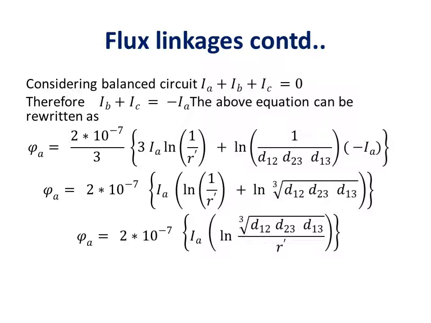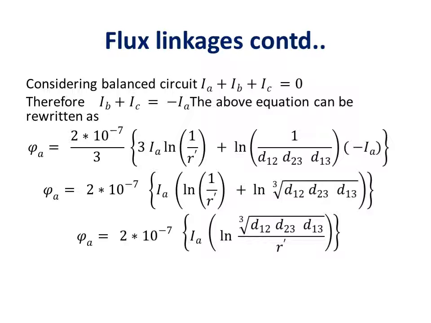As shown here, IA is common in both these terms. So if we take IA common, and since the denominator there is a 3, we take a 3 common in both the terms. In the first term, 3 will get cancelled out. In the second term, 1 by 3 ln 1 by d12, d23 and d13.